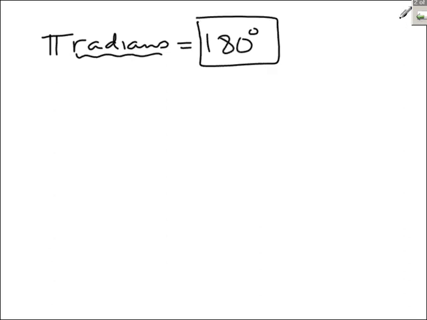Now, pi radians, this is the units, is equal to 180 degrees. Now, you need to listen to what I'm saying carefully. If it says degrees, it's degrees. But if there are no units, if it just says pi, then it's understood that you're talking about angles.